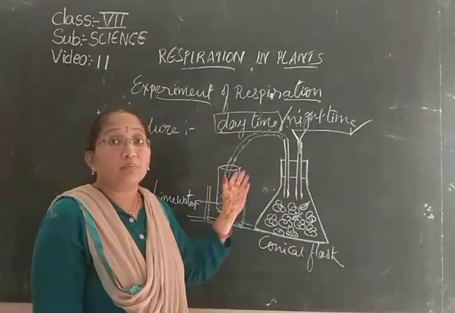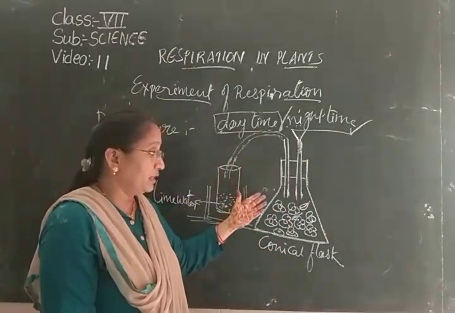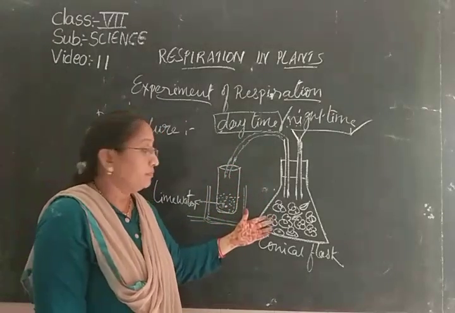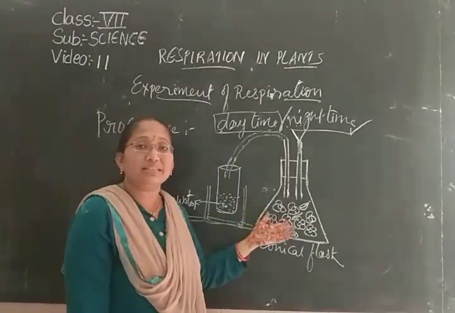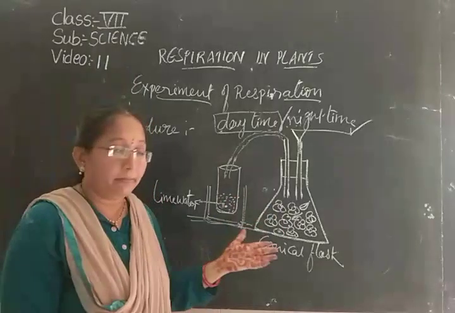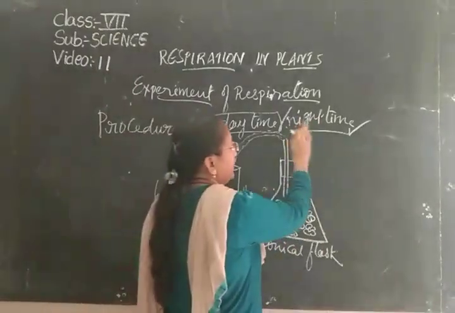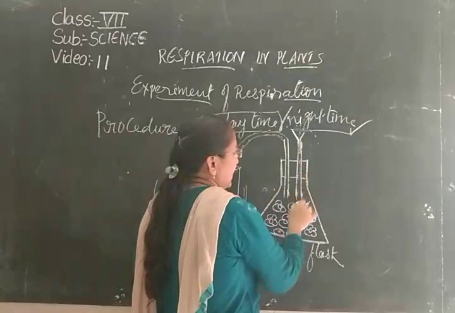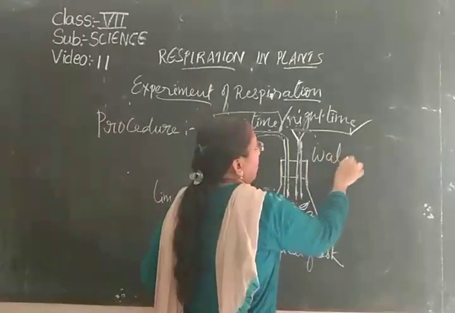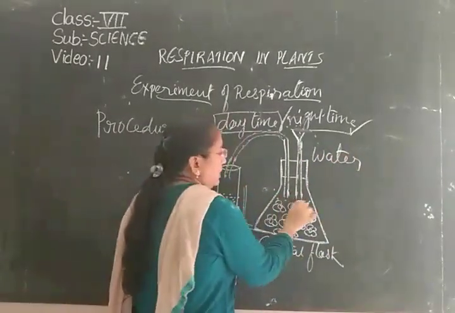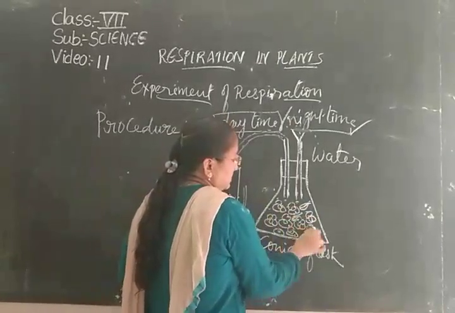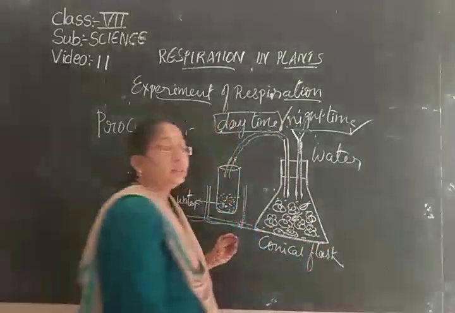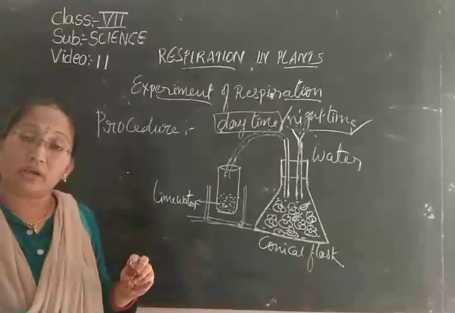Okay? So I forgot one thing. Before you leave this setup during the night time, I forgot the funnel here, no? You must add some water drop by drop into this conical flask until the flowers are immersed. Okay?